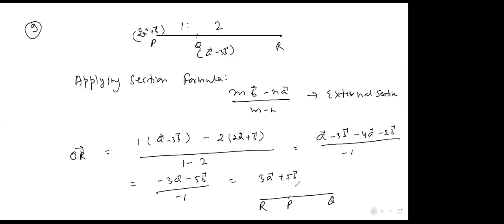We see that OP vector is OR vector plus OQ vector divided by 2.